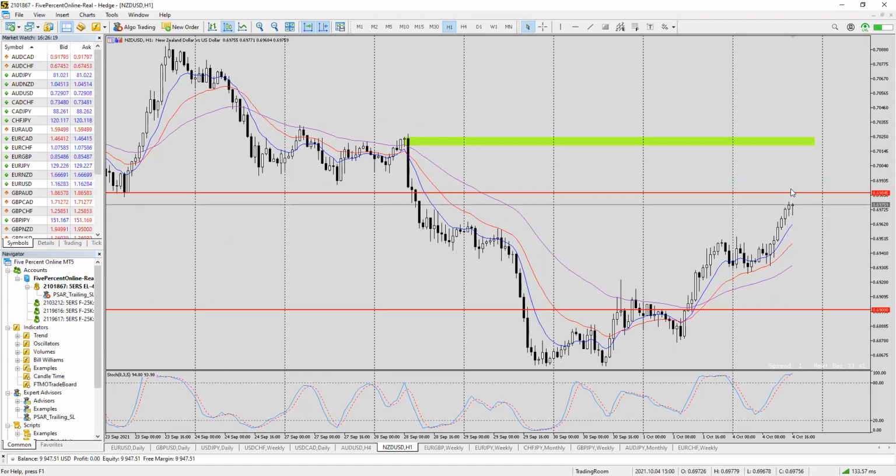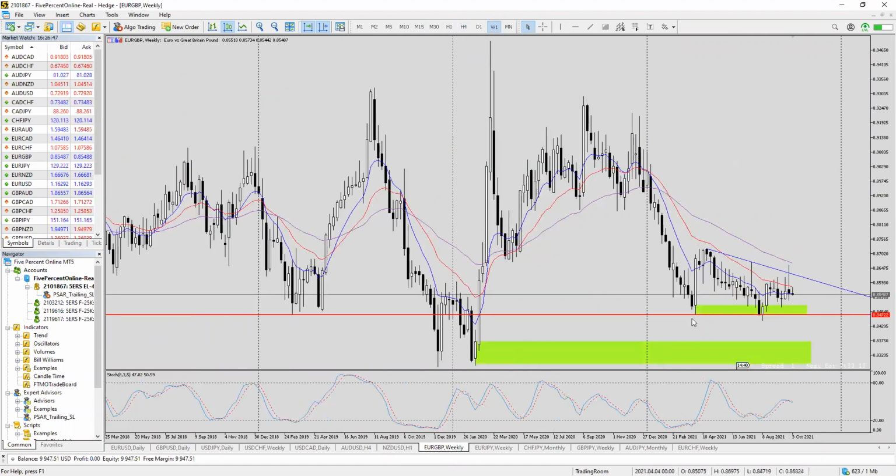If it closes above and retests, those of you looking for a long setup to take, this could also be a nice setup: going above, closing above, retesting, and continuation to the next level.